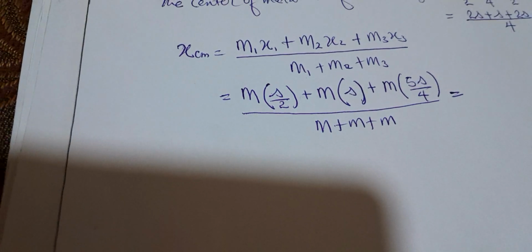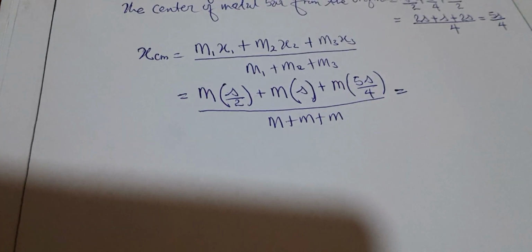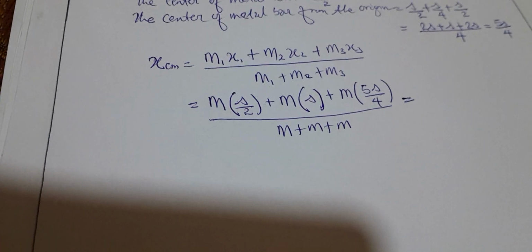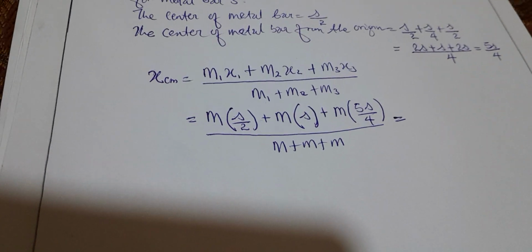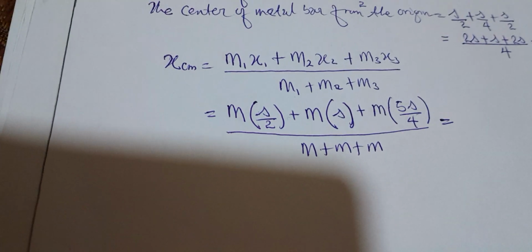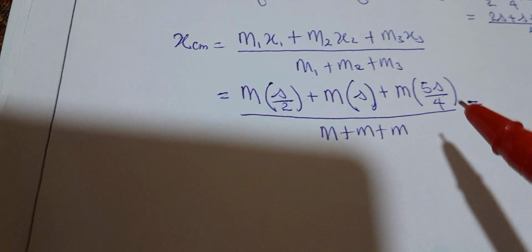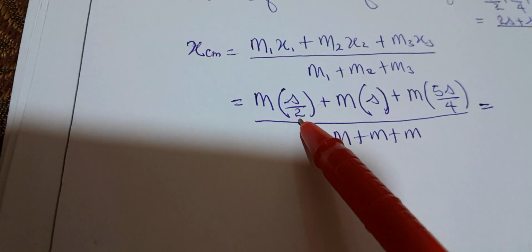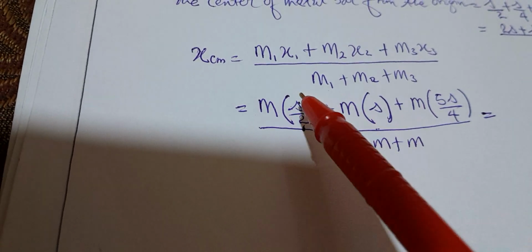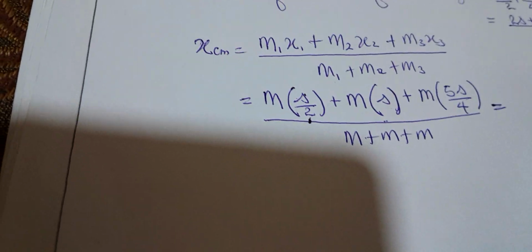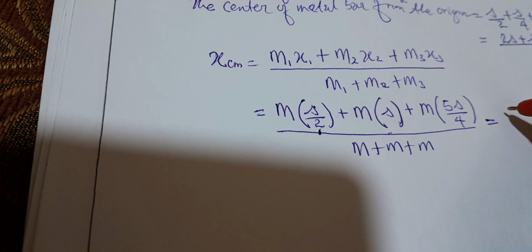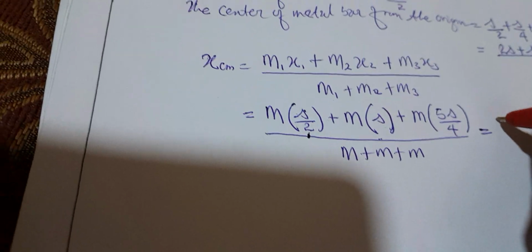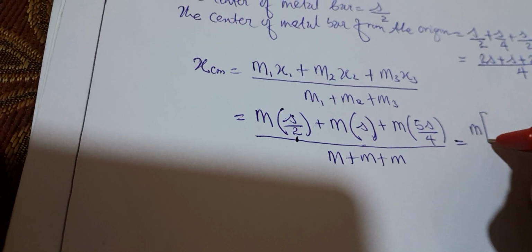So S over 2 plus S plus 5S over 4 equals 11S over 4, taking the LCM as 4. But first, let me factorize m out.